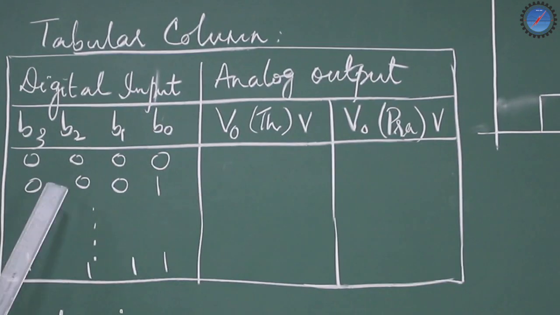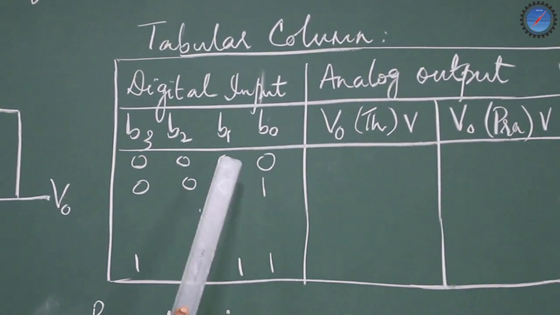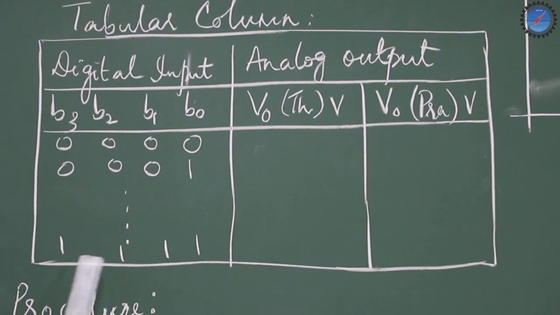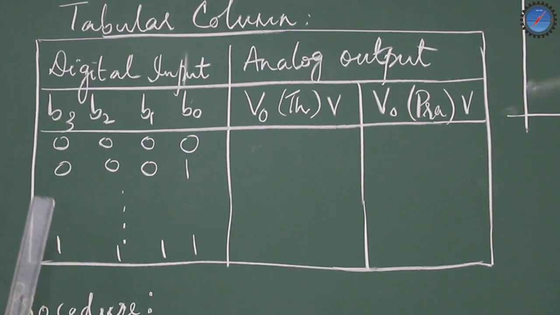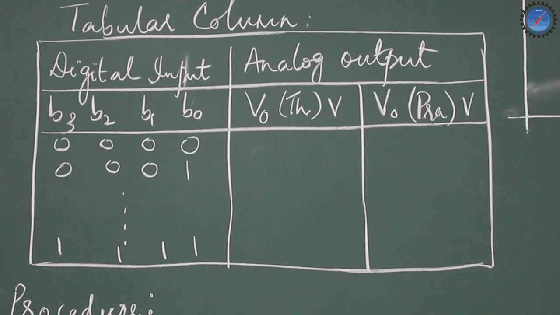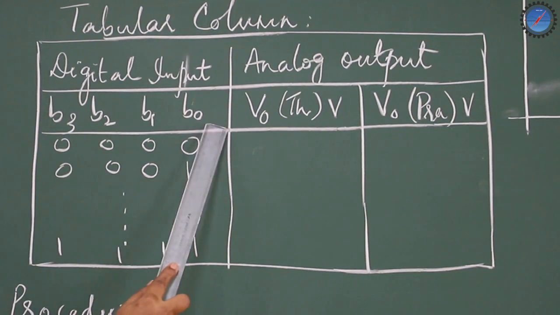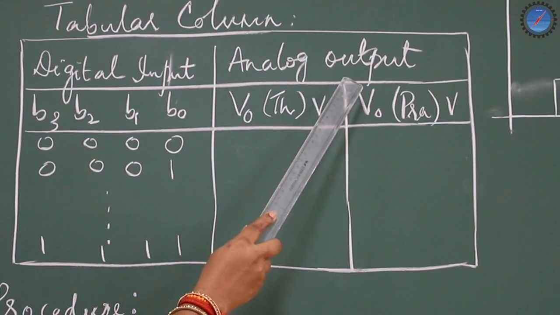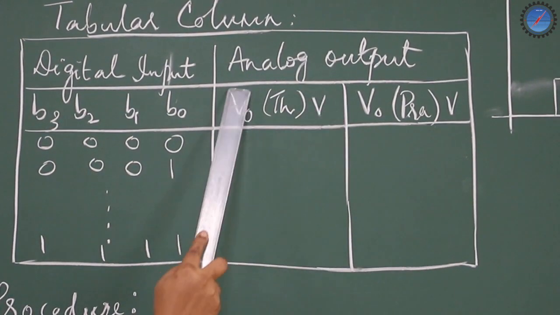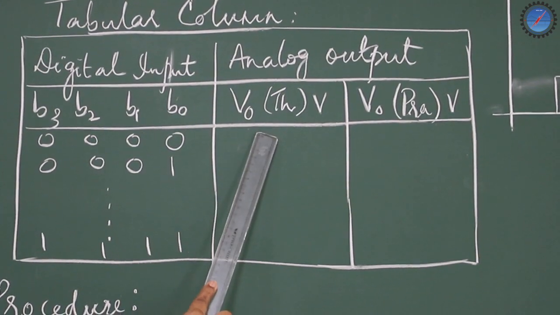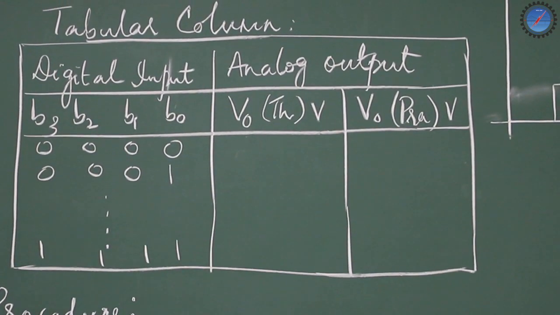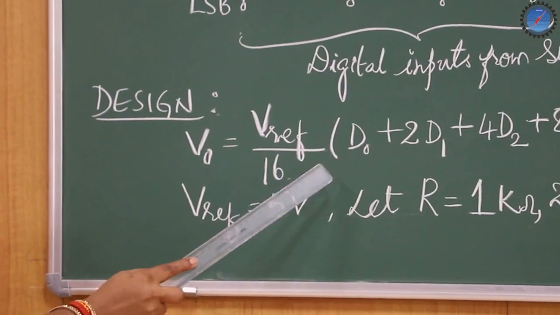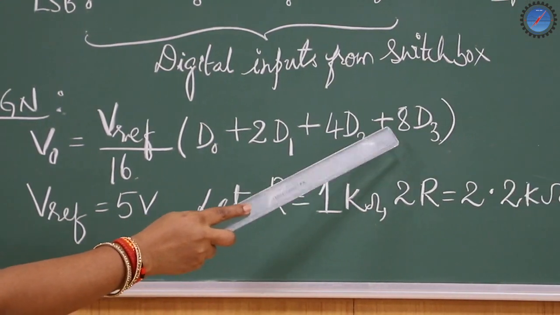For digital input you apply 16 different combinations starting from 0000 to 1111, where V0 is the LSB and V3 is the MSB. For analog output, first we need to calculate the theoretical value using the equation V0 is equal to V reference divided by 16 into D0 plus 2D1 plus 4D2 plus 8 into D3.